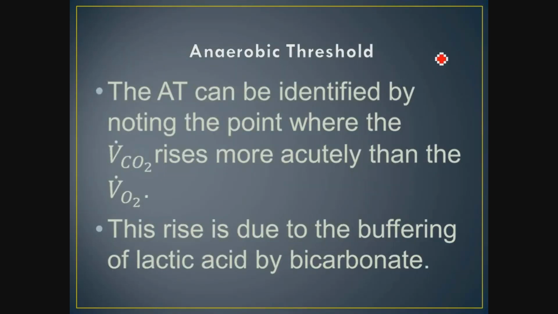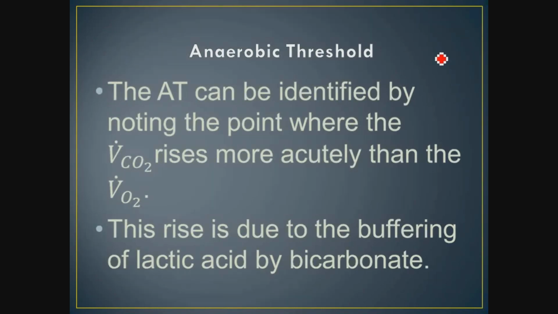Now this concept is the anaerobic threshold. If you remember, we said that when you reach this anaerobic point, oxygen is no longer utilized for energy, rather we go anaerobic. In the process, CO2 is produced from that lactic acid being buffered by bicarbonate ions.